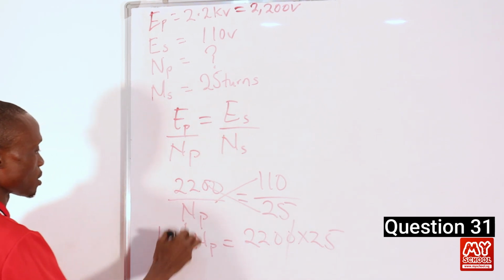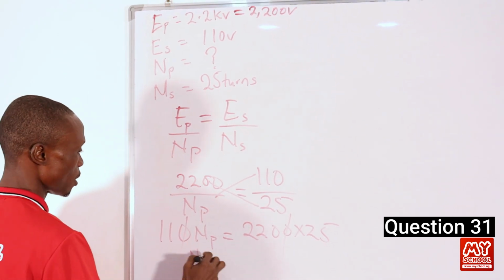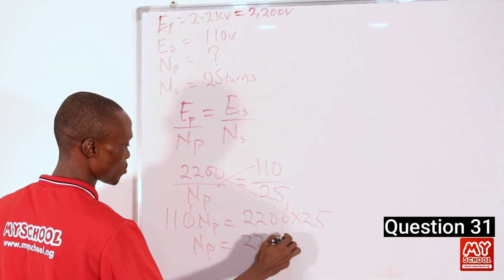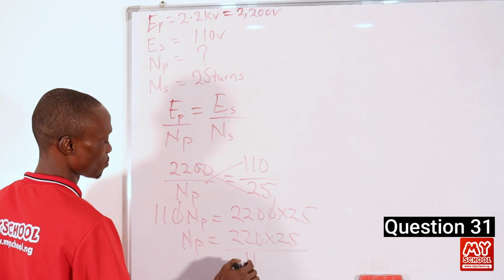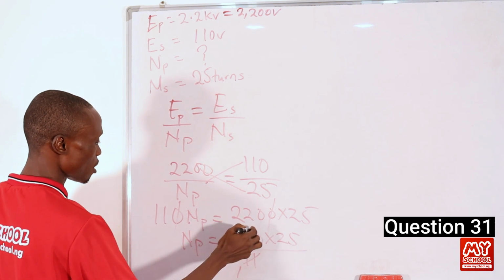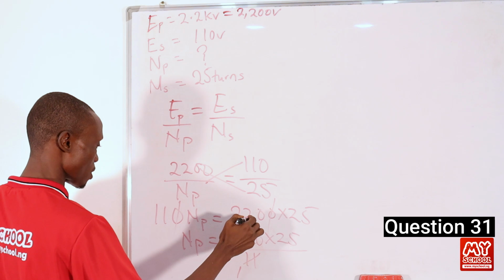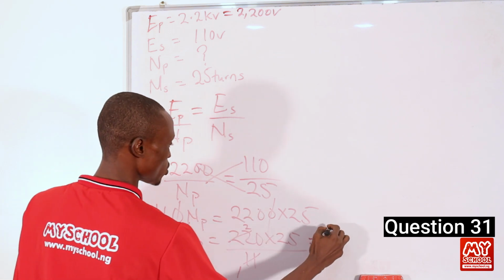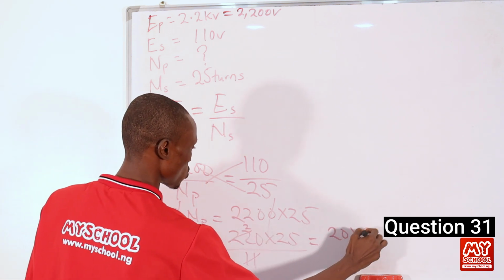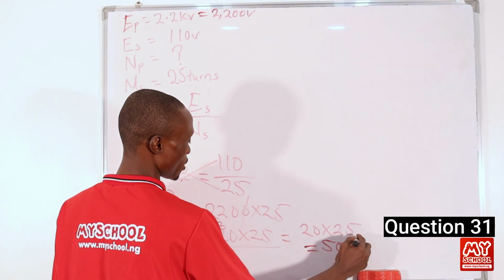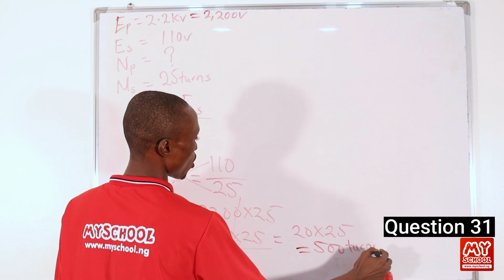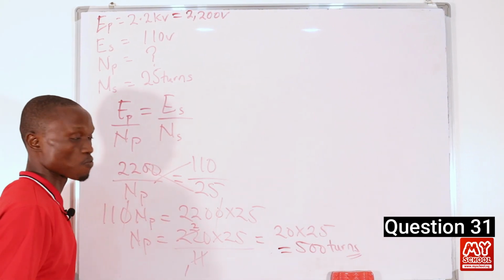We can take this 0 away, so that Np is equal to 220 times 25 divided by 11. 11 into 22 is 2, so we have 20 times 25, and this will be equal to 500 turns. So on the primary winding, we have 500 turns.